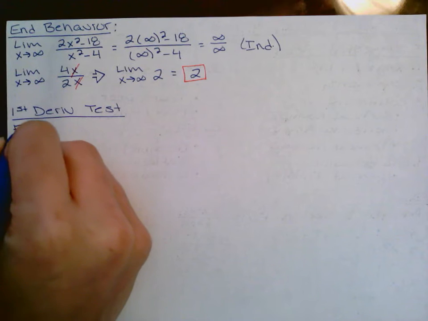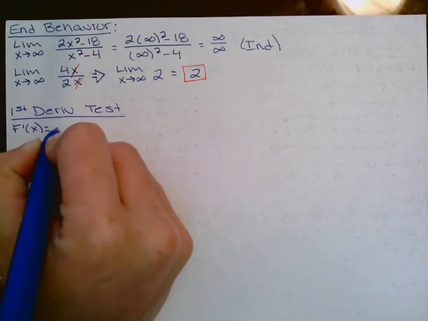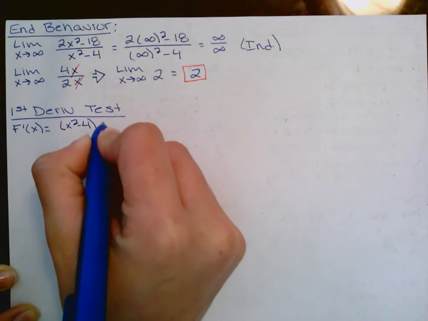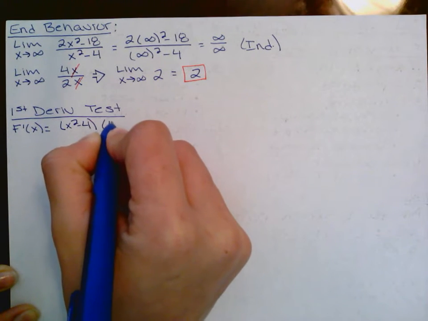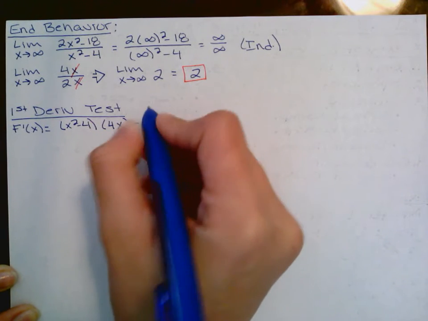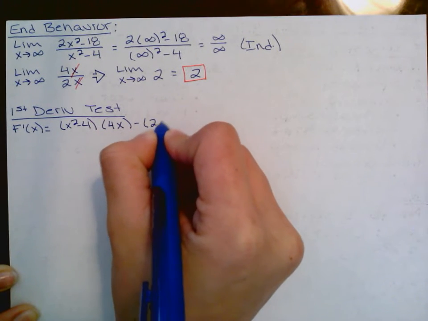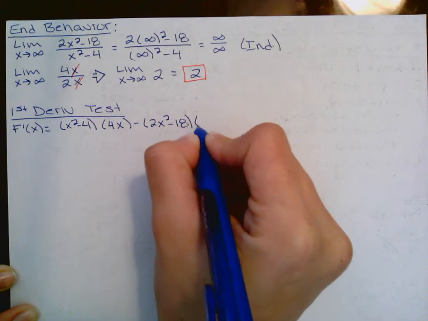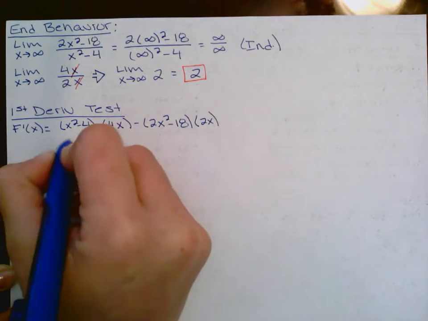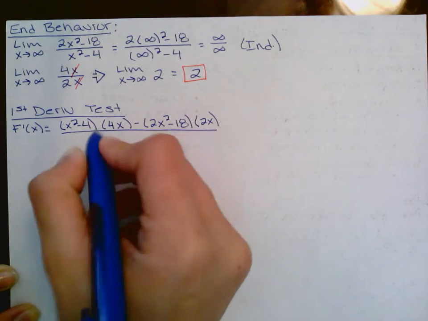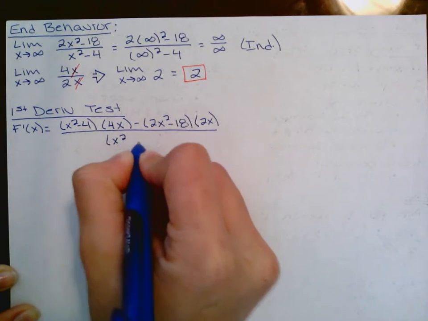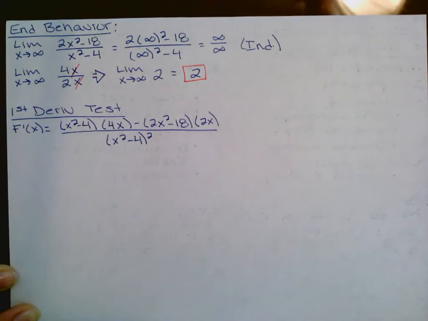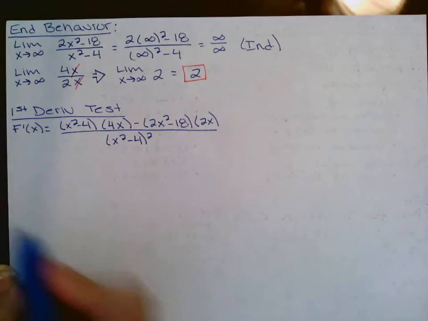So f prime of x is going to be low d high minus high d low over low squared. Okay. Now I can clean this.